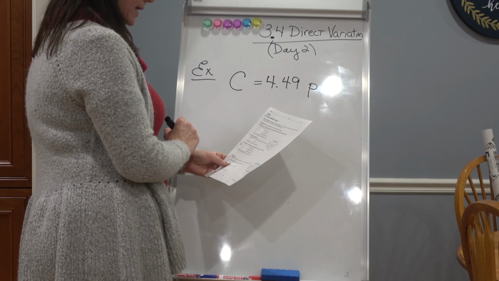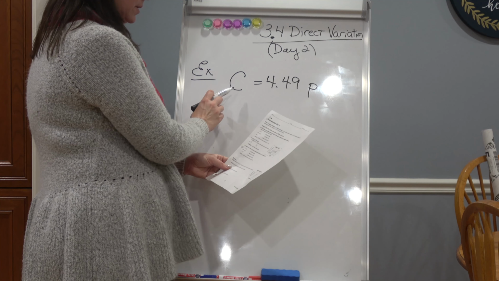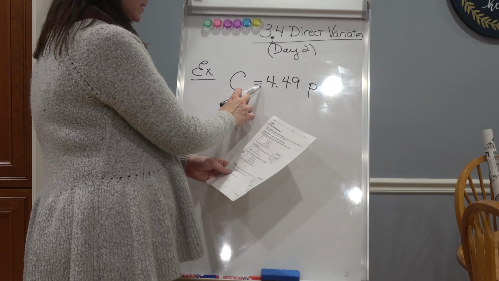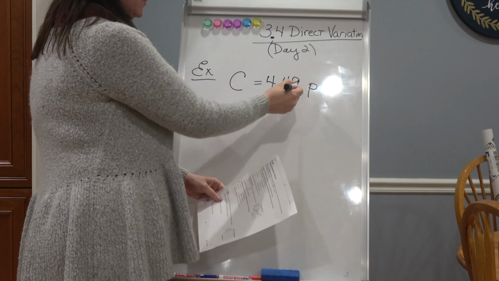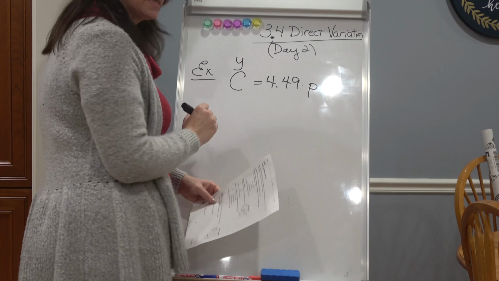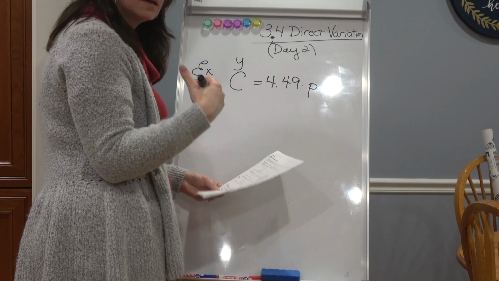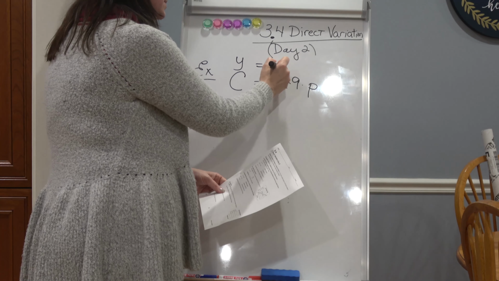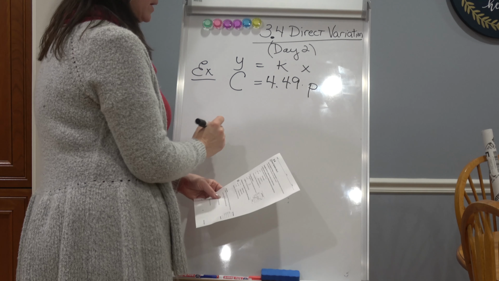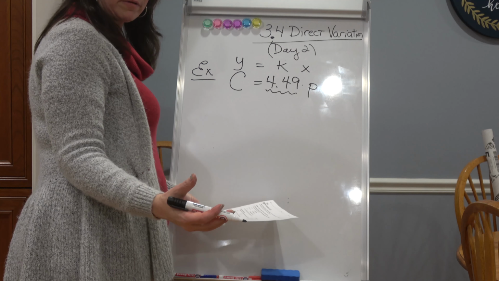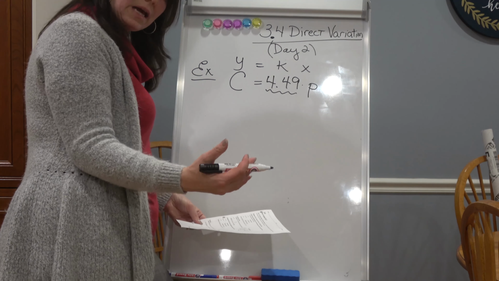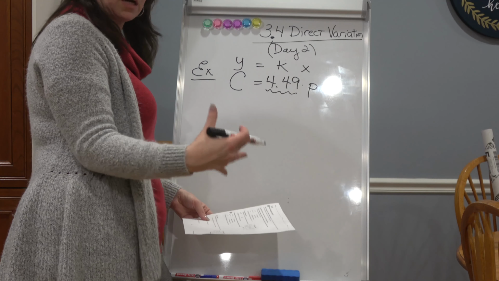So the cost C is 4.49 times the number of pounds. So this, once again, just like D equals RT, looks like Y equals KX. Similar scenario. So this price per pound is the constant of variation, just like the rate, how fast the car was going, was the constant of variation.